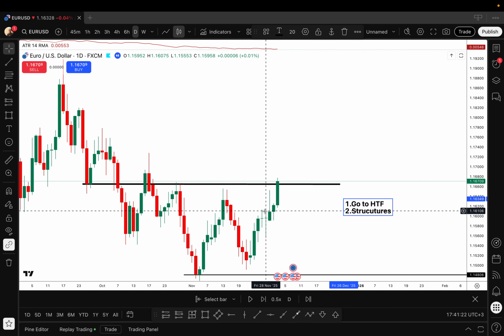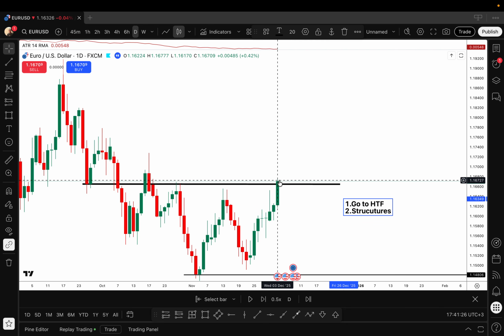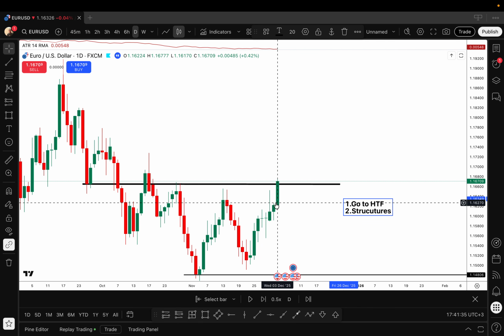Now price is at my current resistance, however the momentum that it used to get here is very high, one full bullish candle. So I'm not using this candle for my entries, because the bullish momentum is still high. I want some sort of confirmation that indeed at this place there are some sellers, such that I can be looking for sales.